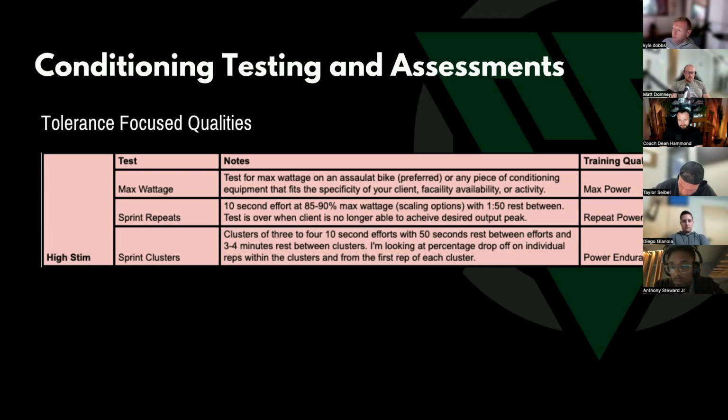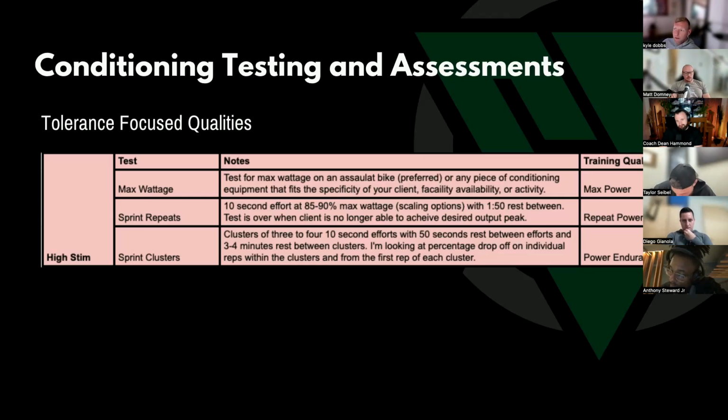But when I'm looking at sprint repeats, like I said, I look at 85% as my first marker. So I usually do a 10-second on, 150 rest. So again, we're looking at almost a 1-to-15 work-to-rest ratio with that. If you go by old school Charlie Francis, he usually looks like 1-to-10 to 1-to-15 in there.